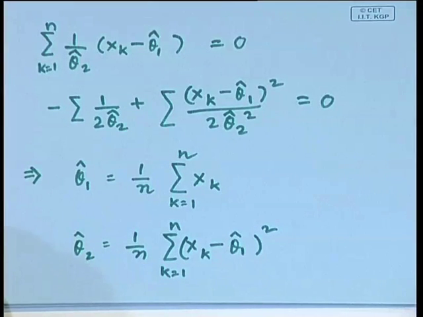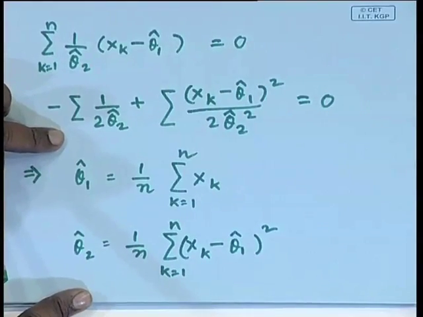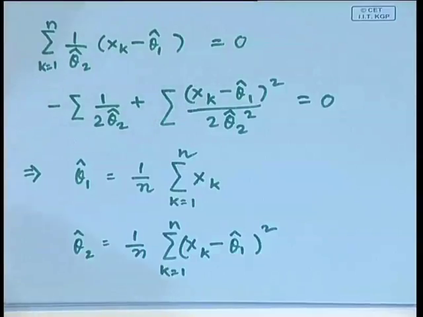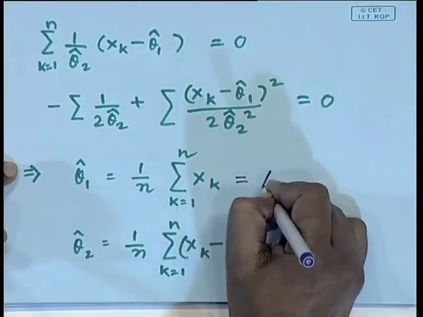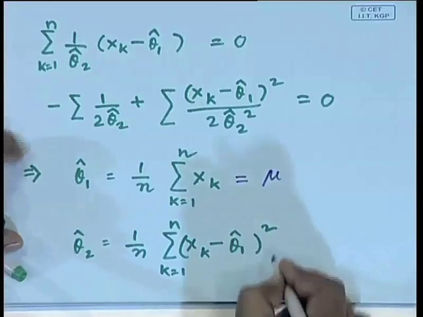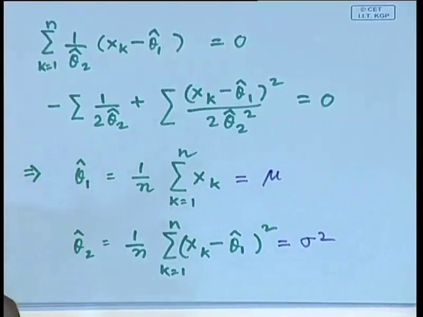So, simply by solving these two equations, I get these two solutions, where you find that this is nothing but mu and this is nothing but sigma square.